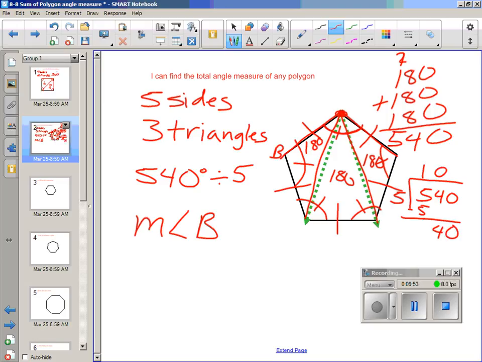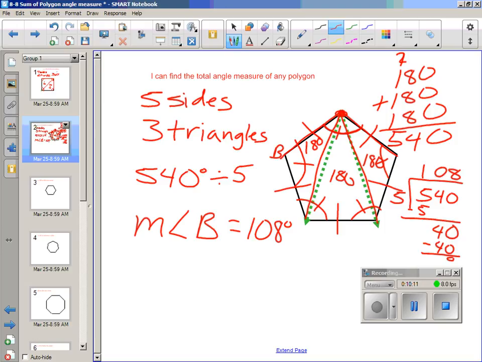How many 5s will go into 40? So close. The measure of angle B is equal to 108. So each one of these angles would be 108 degrees.